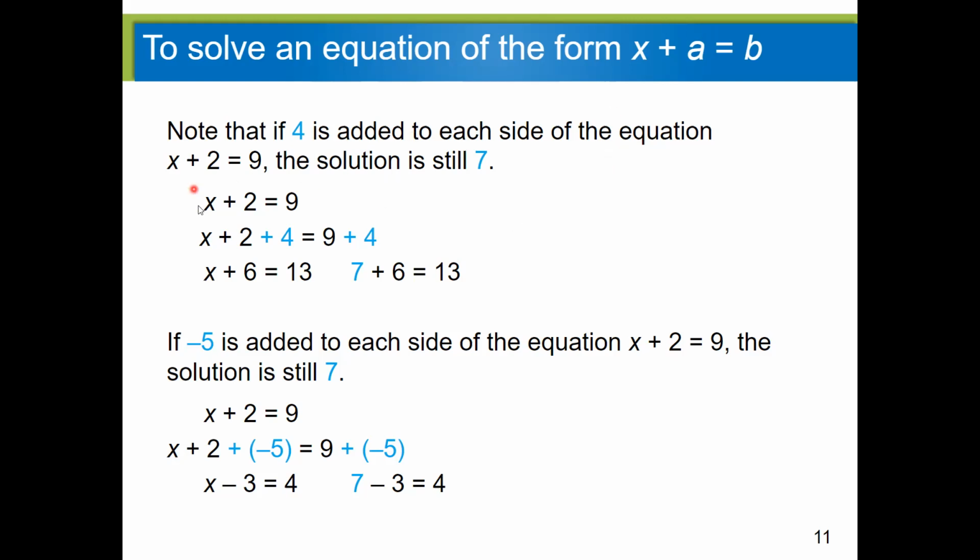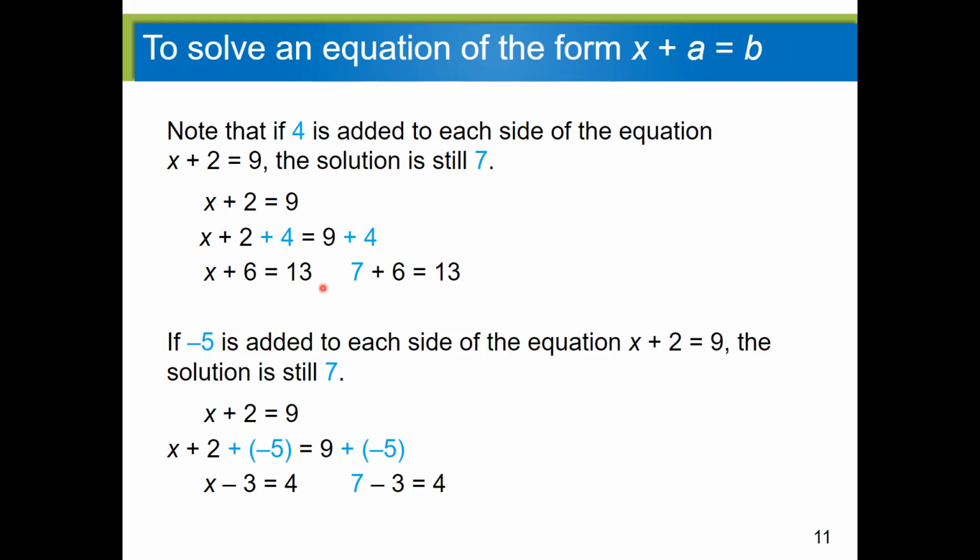So we have the equation here, x plus 2 equals 9. I can go ahead and add 4 to both sides of that equation, and I get x plus 6 equals 13. It's still the same problem. The numbers are different, but it is fundamentally the same problem, because x equals 7 is a solution to the top one, x plus 2 equals 9, and the bottom one, x plus 6 equals 13.